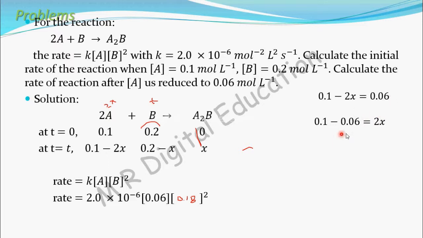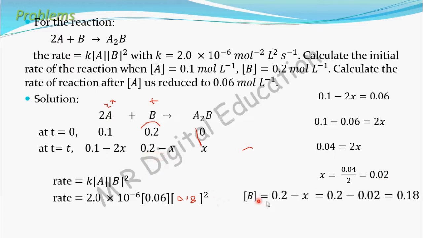Now 0.1 minus 0.06 equals 0.04, which equals 2x, and x equals 0.04 by 2, which equals 0.02. Now you know the value of x, so you can find the concentration of B remaining, that is 0.2 minus x. Concentration of B equals 0.2 minus x, that equals 0.2 minus 0.02, which equals 0.18.